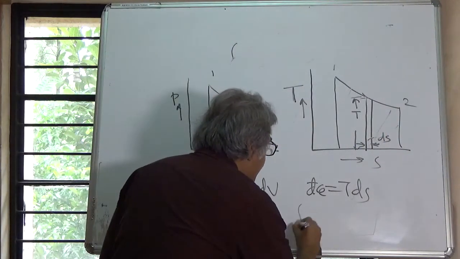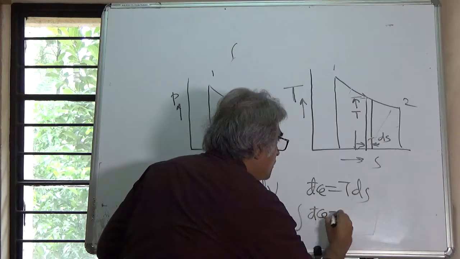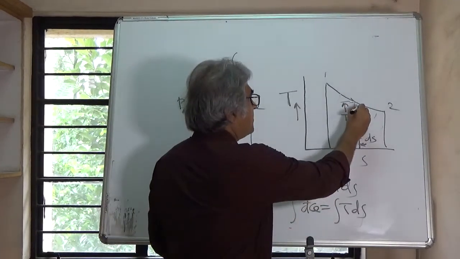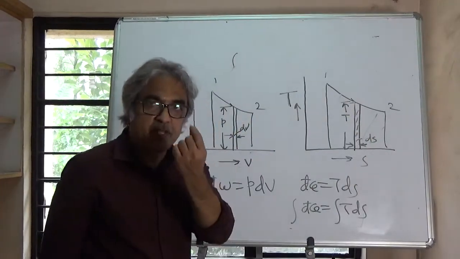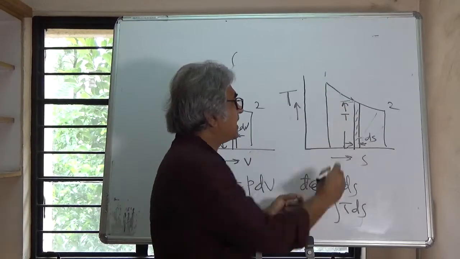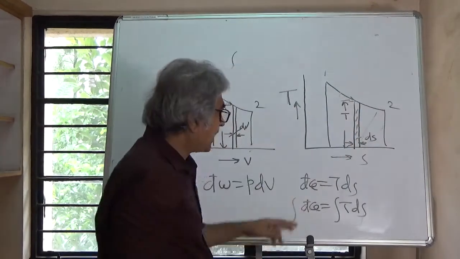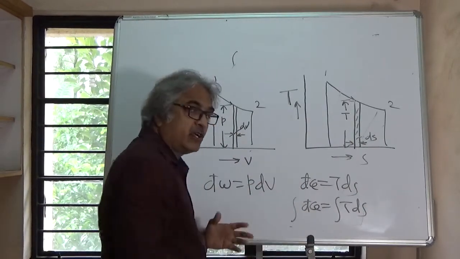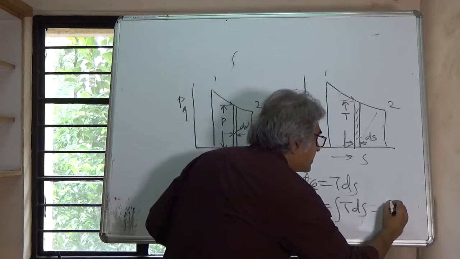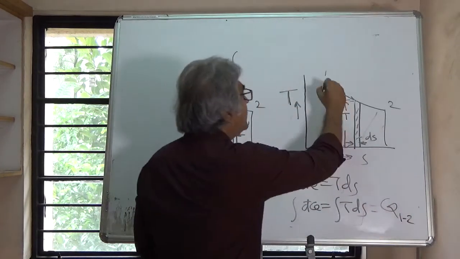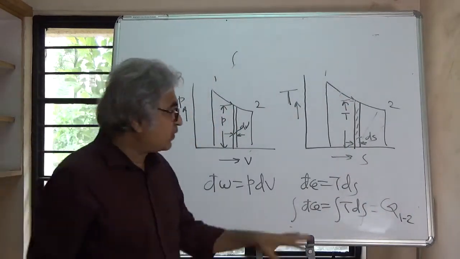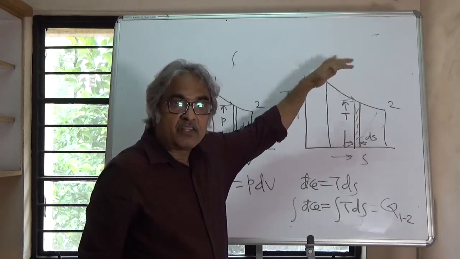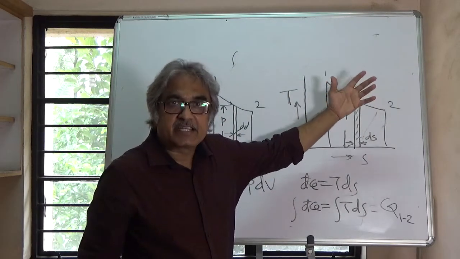So integration of dQ is integration of TdS. TdS is the area of this strip, which is the heat transfer during that small heat transfer, that is during dQ. So if you do the integration, then you will get the total heat transfer. So integration of TdS will be Q12, total heat transfer during the process 1 to 2. So area under a process line on a TS plane gives you heat transfer. Okay.